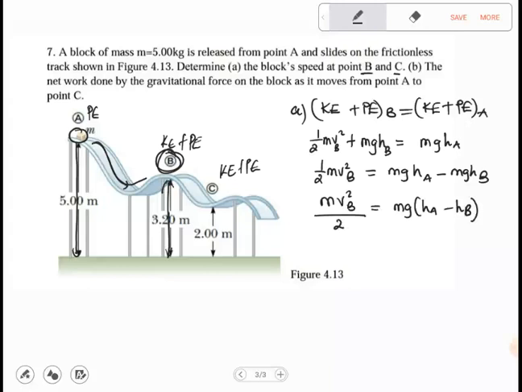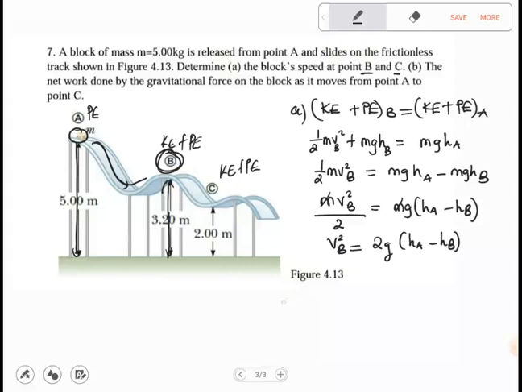The mass is common, so we can take out the mass. The 2 goes to the other side, so we have v_B squared is equal to 2g times the change in height between A and B. Remember there's a square here, so we are going to square root it.